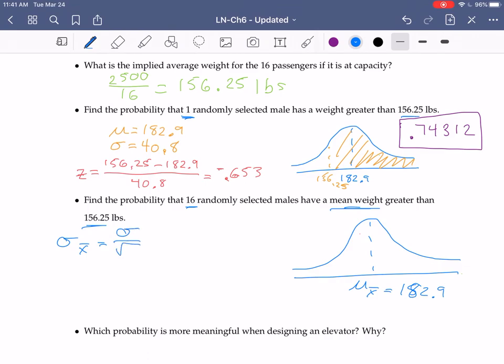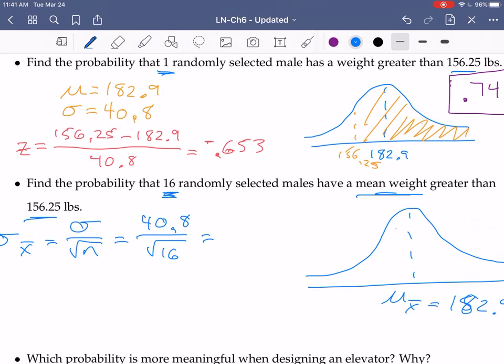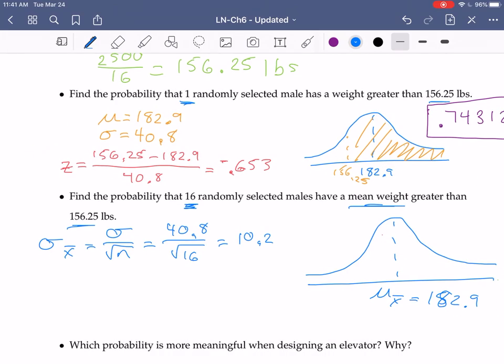We actually have to divide that by the square root of the sample size. And so for us, the original standard deviation was 40.8, but we need to divide that by the square root of 16, which is our sample size from above. So that gives us 10.2 as a new standard deviation.